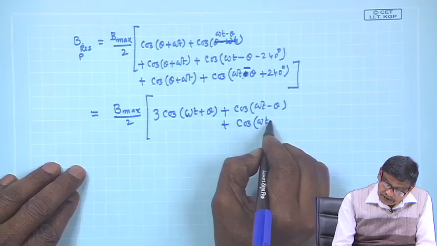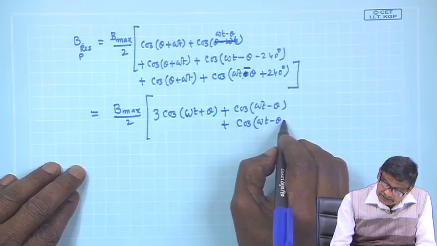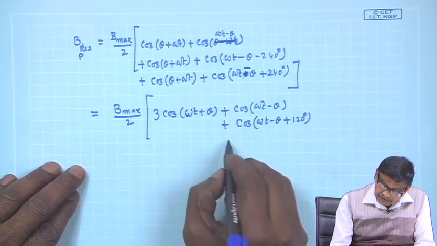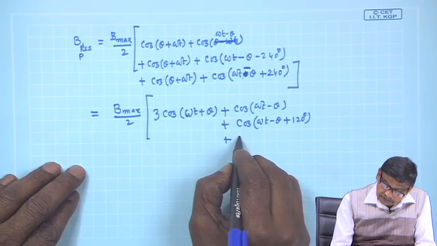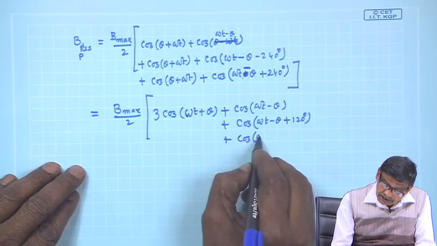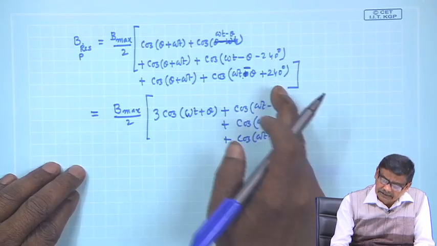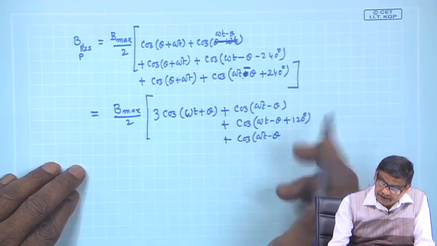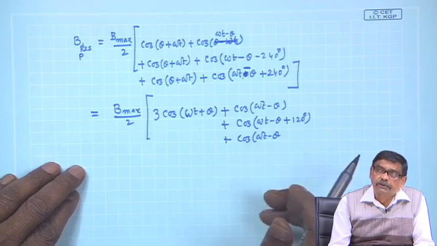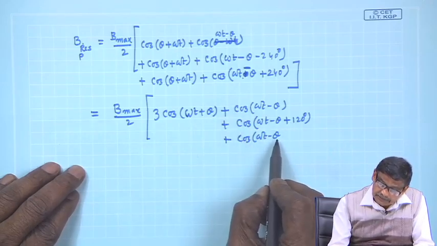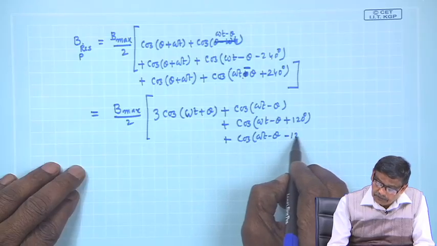omega t minus theta. It means that it is plus 120 degree. You add just 360 degree. Similarly, this one plus cosine omega t minus theta, you subtract 360 degree. Adding 360 degree does not change the value of any trigonometric functions. Therefore, it is omega t minus theta and this is minus 120 degree.